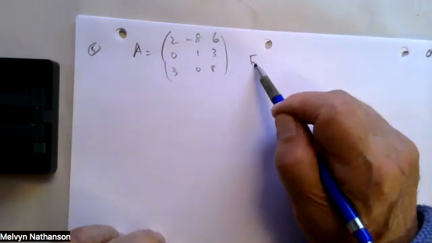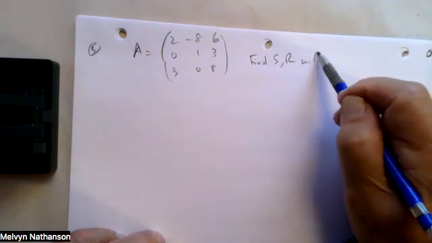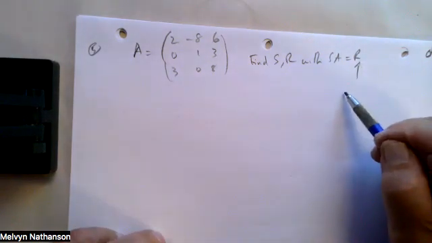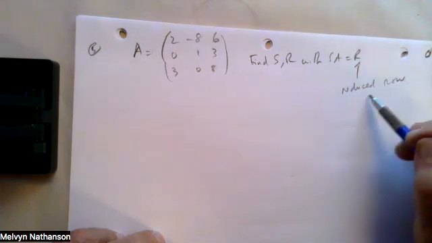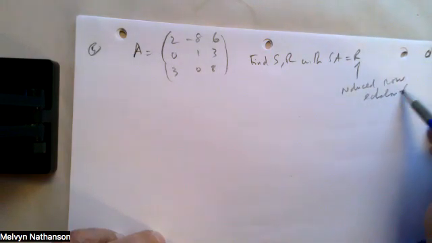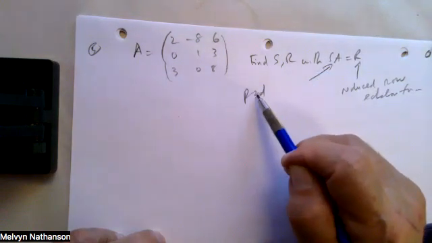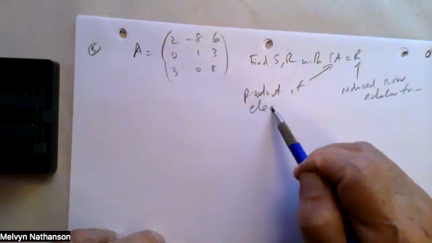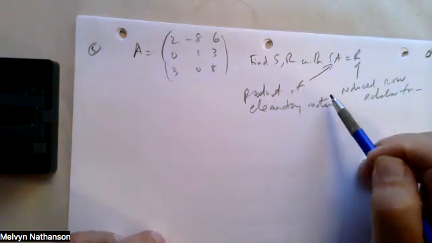So we want to find S and R, where SA equals R, and R is in reduced row echelon form. S is a product of elementary matrices.